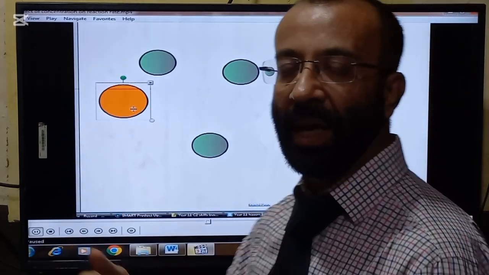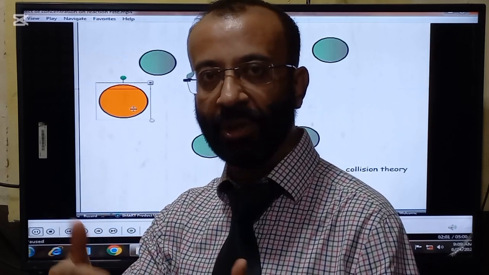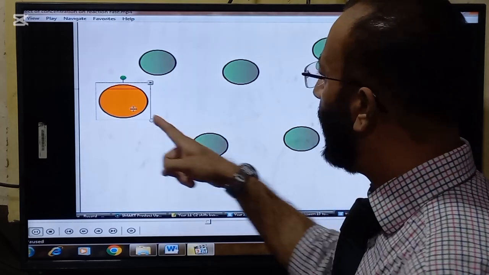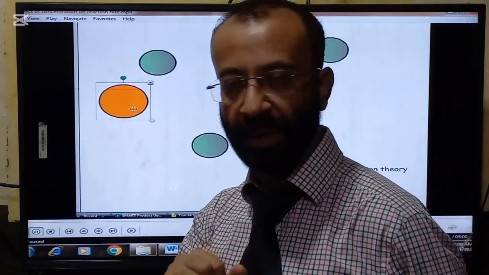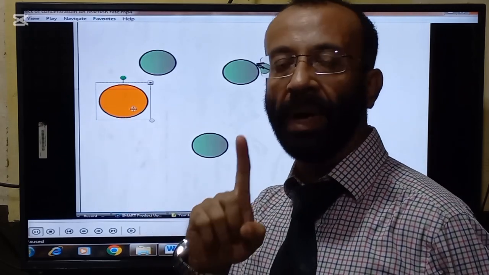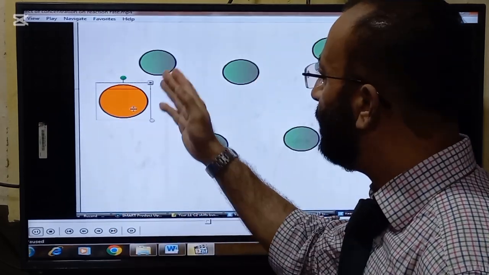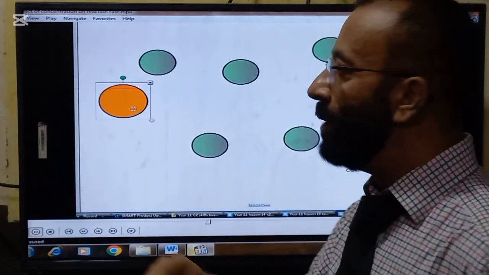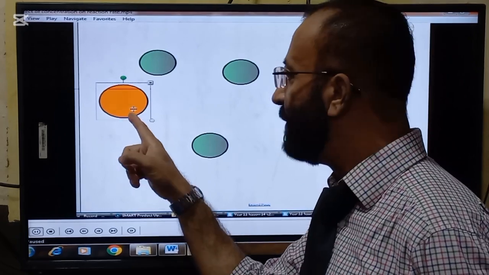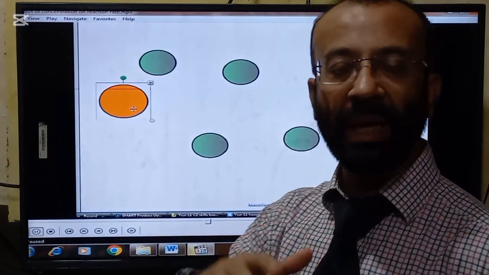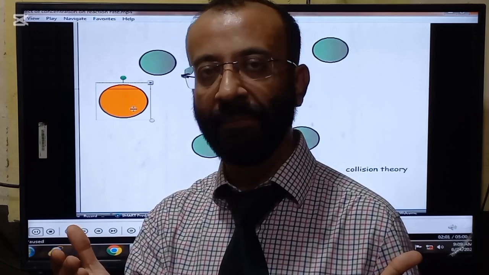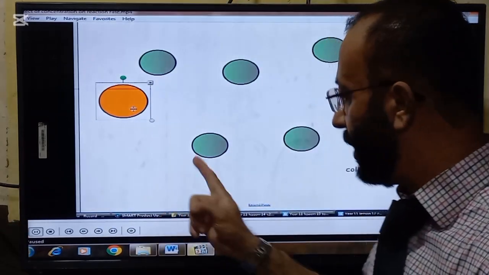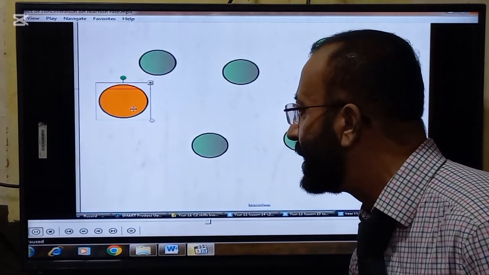If there is only one particle of sodium thiosulfate, there will be fewer collisions, so the speed of the reaction will be less. If we increase the concentration of sodium thiosulfate, represented by orange circles, there are more particles of sodium thiosulfate, so they will make more collisions and the speed of the reaction will increase. This is what you are going to see now.